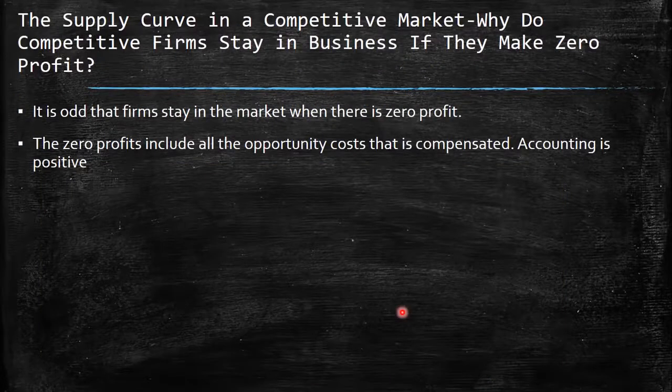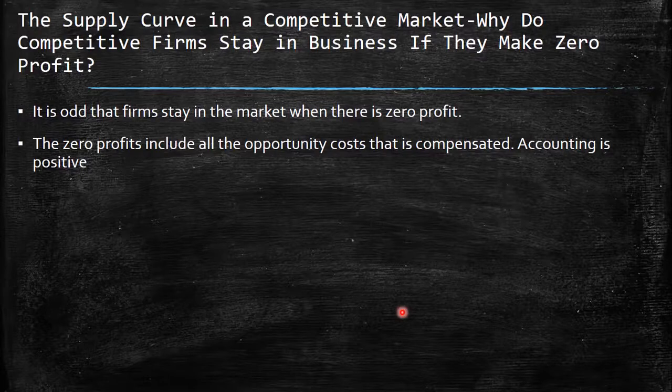It's really important. It's a question that I really had before because I didn't understand it well. You know that firms stay in the market and they have zero profit. So it doesn't make any sense: you are not making any money and you still remain in the market. But remember, we're talking here about zero economic profit, not accounting profit.